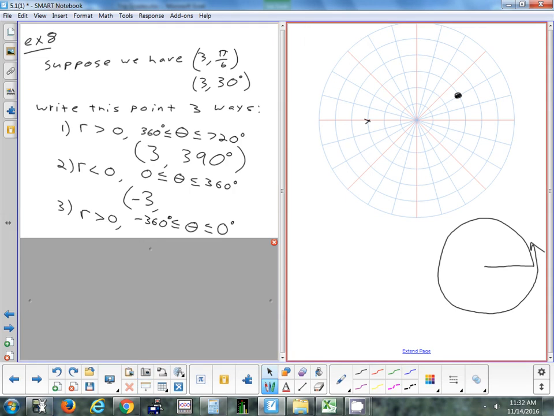And now I'm just going to figure out which way do they want me to go to get to that point, and then I'll count it out on my graph. So Karen, are they asking me to go clockwise or counterclockwise? Yep, it's a positive angle. Okay, counterclockwise. So they want me to go just like that.